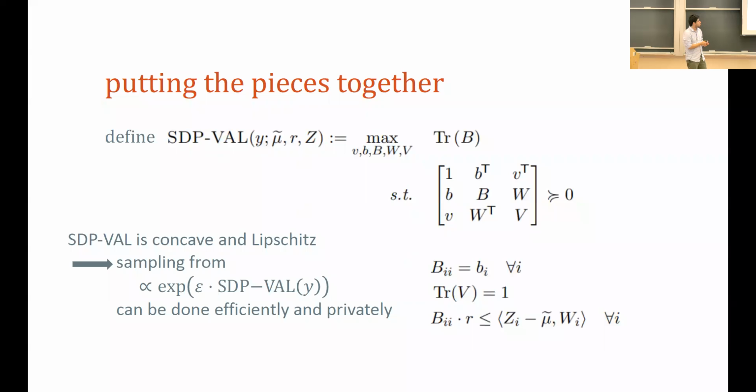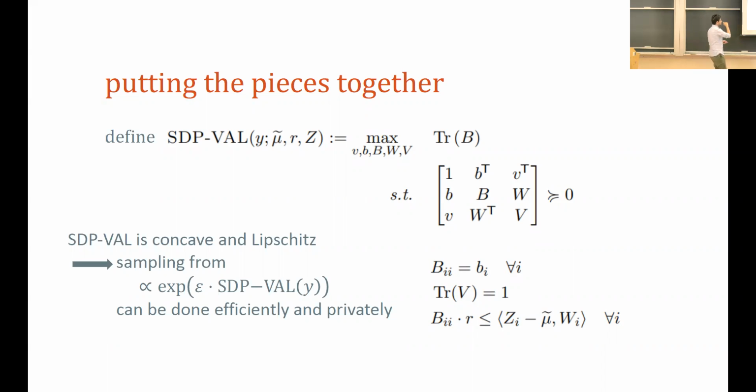So we knew how to find a direction at each candidate point non-privately, but how can we do that privately? We keep the same score function, and we add a new condition that v is equal to y.